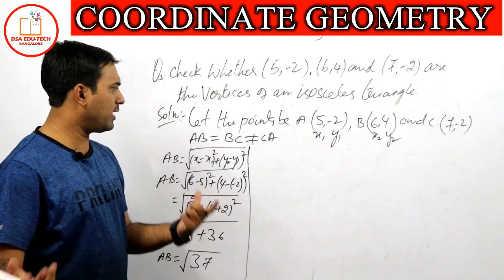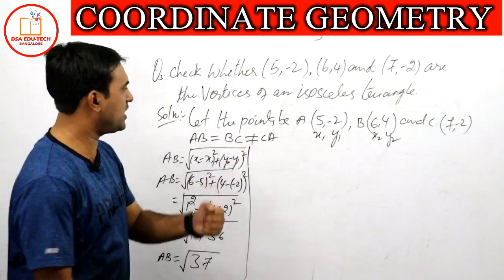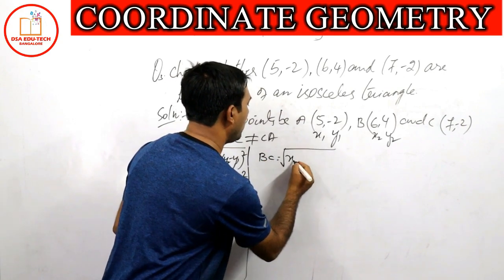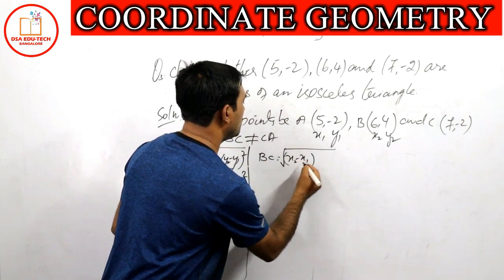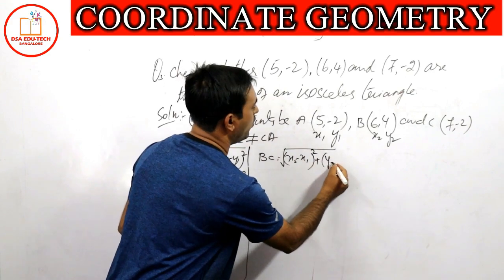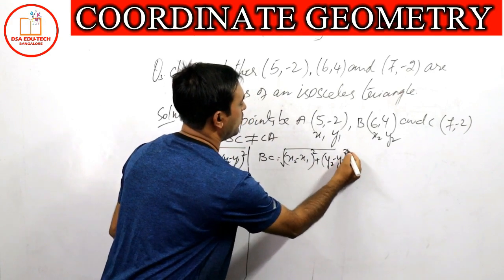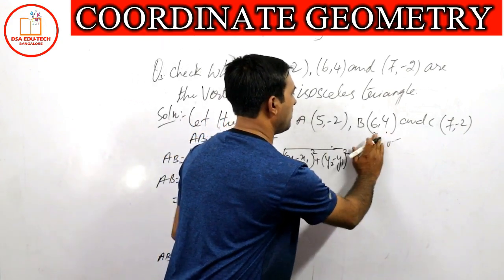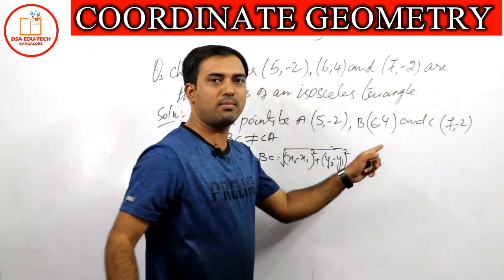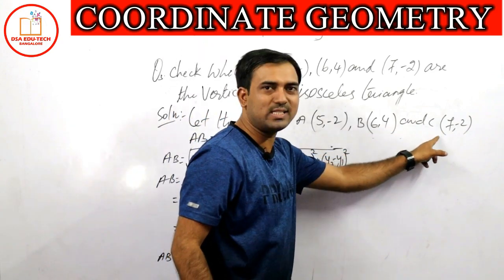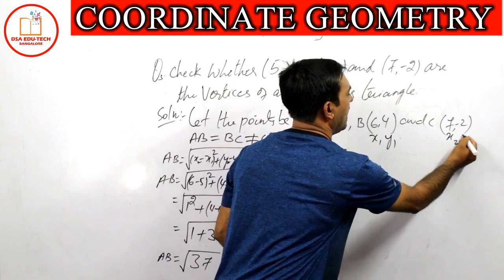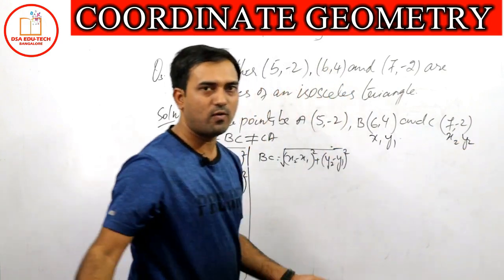Now next, what do I have to find out? BC. Let me take BC equal root under x2 minus x1 square plus y2 minus y1 whole square. Now I'll erase this and rewrite the numbers, because my first point is B and my second point is C. So the first point will have x1 y1 and the second point will have x2 y2.